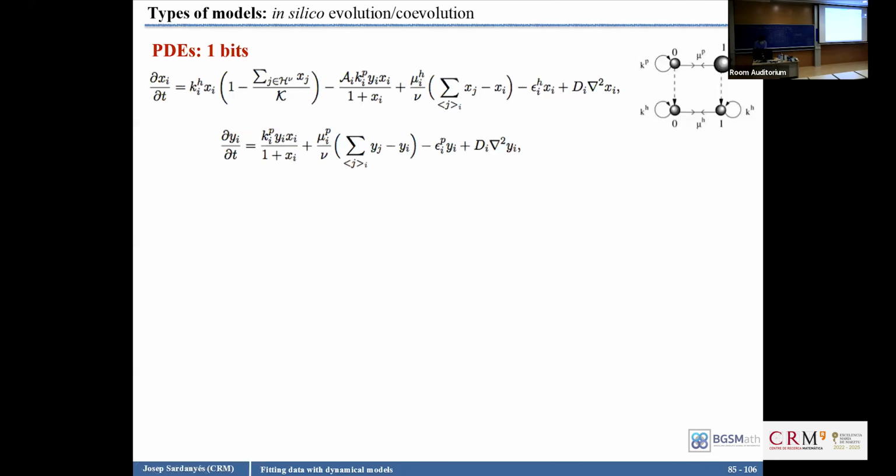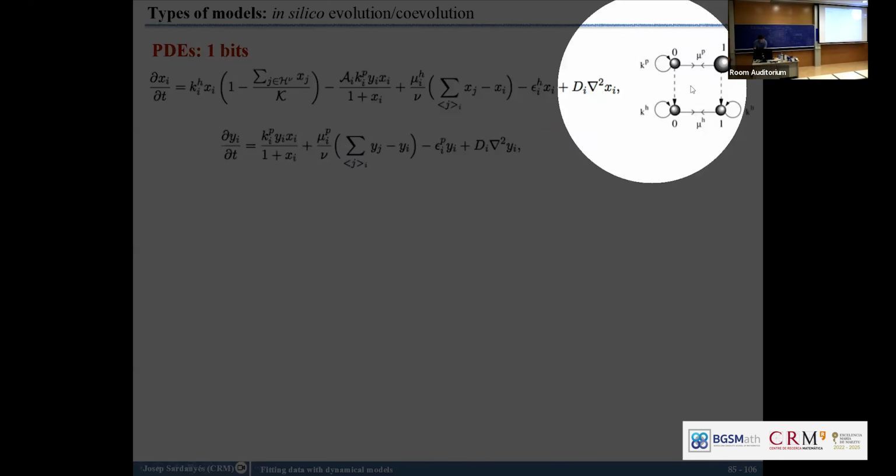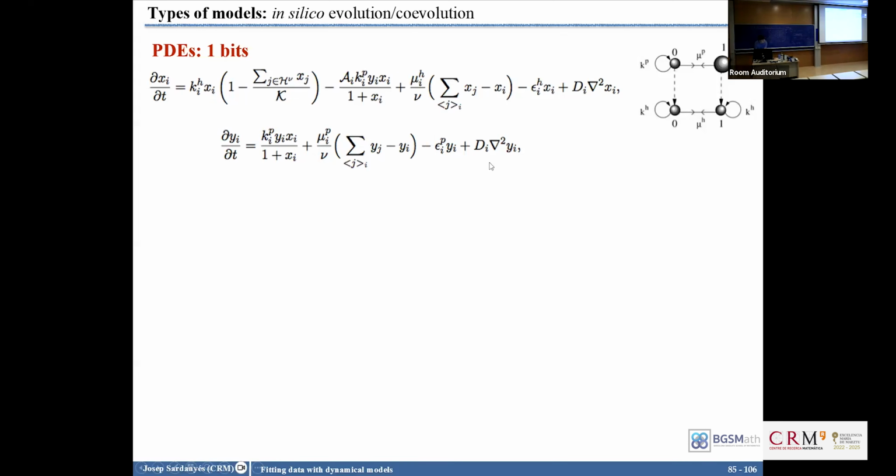And this is finally the PDE model. So I took the 1-bit ODE system, if you remember, and I added the diffusion term. What I did is a finite difference method.